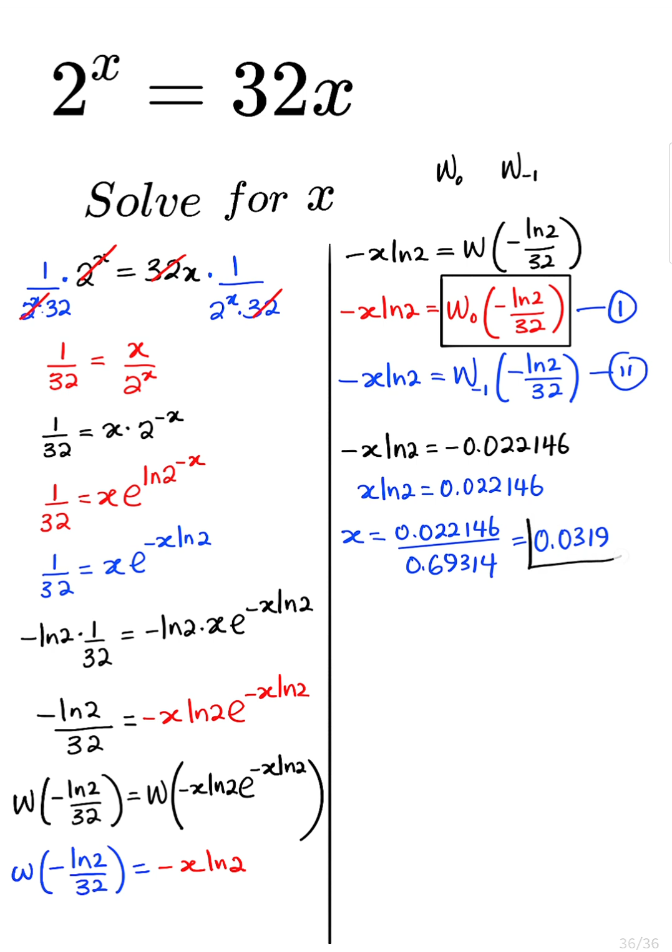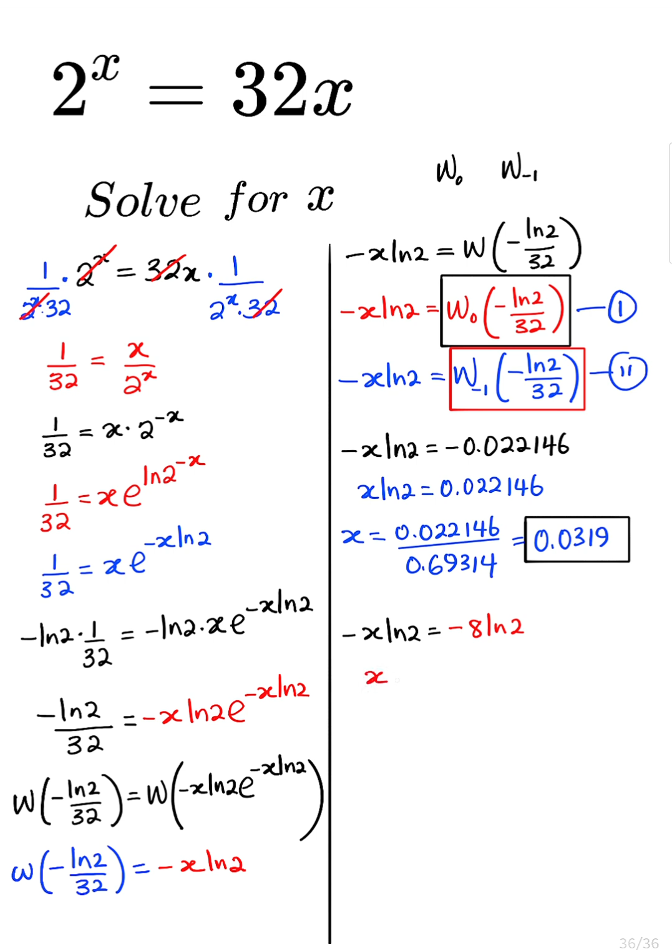Now the second one, which is negative x ln 2 equals, the value to this by evaluation is negative 8 ln 2. Let us clear the two negative signs both on the left hand side and the right hand side.